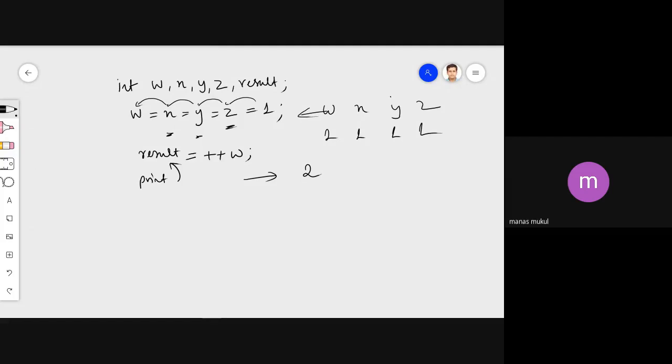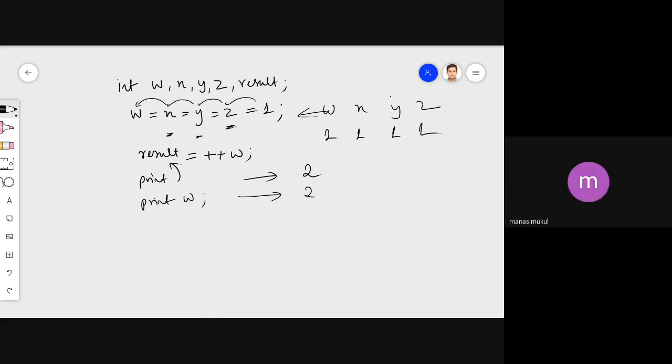Okay, now after this, if I print W, what will be the value of W? No, it will be 2. Why?